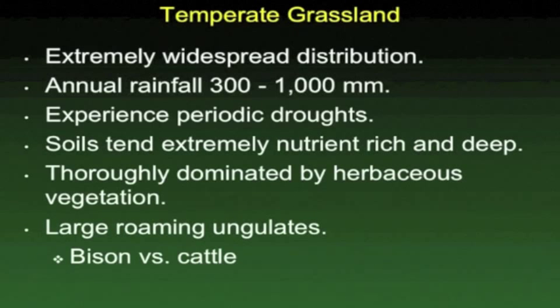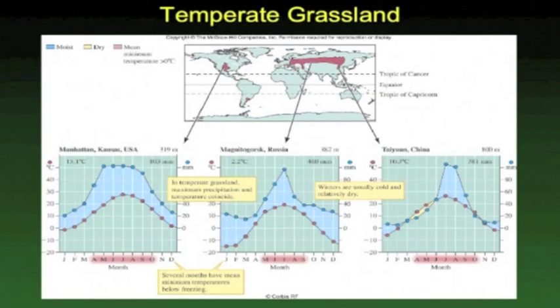Here we have vegetation, the grasses that are actually maintained by recurring fires in this environment, and the soils are very, very rich and deep with a lot of organic material in them. When we look at the diagram of this area, we see that rainfall is quite good, and we don't have a lot of dry times. So it's a very good environment.